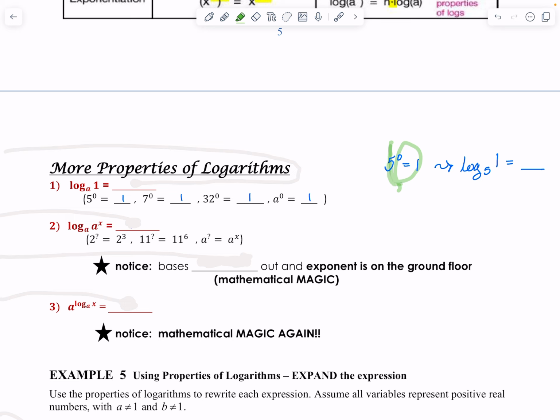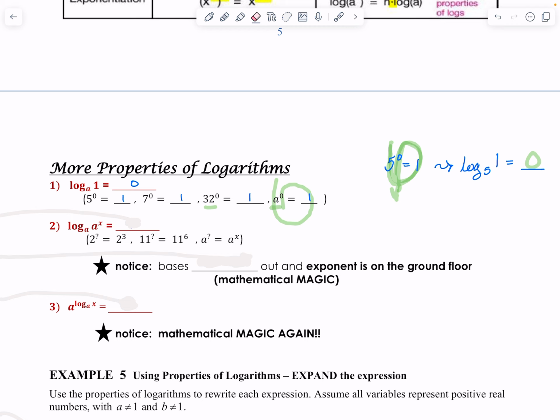Log base 5 of 1 equals, notice how I went through my 0? Log base 5 of 1 equals 0. Well, that is also log base 7 of 1, and log base 32 of 1, and log base A. So log base A of 1, if I rode my roller coaster, log base A of 1 is going to be 0. So anytime you are taking the log, it doesn't matter the base, of 1, that's going to be 0.